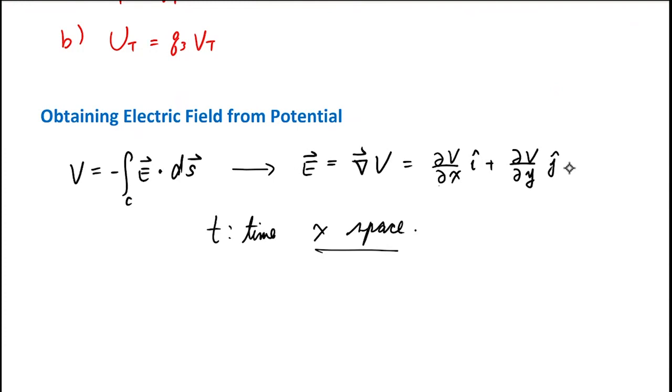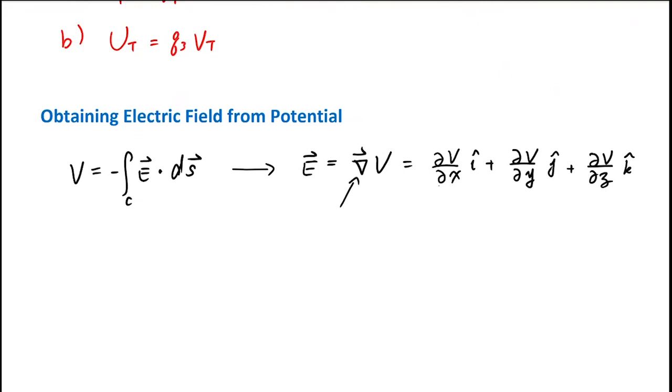Okay? And then plus partial derivative with respect to z, k vector, if there is a z. Usually in our case there isn't any, so it's two-dimensional. So this thingy is known as the gradient vector.